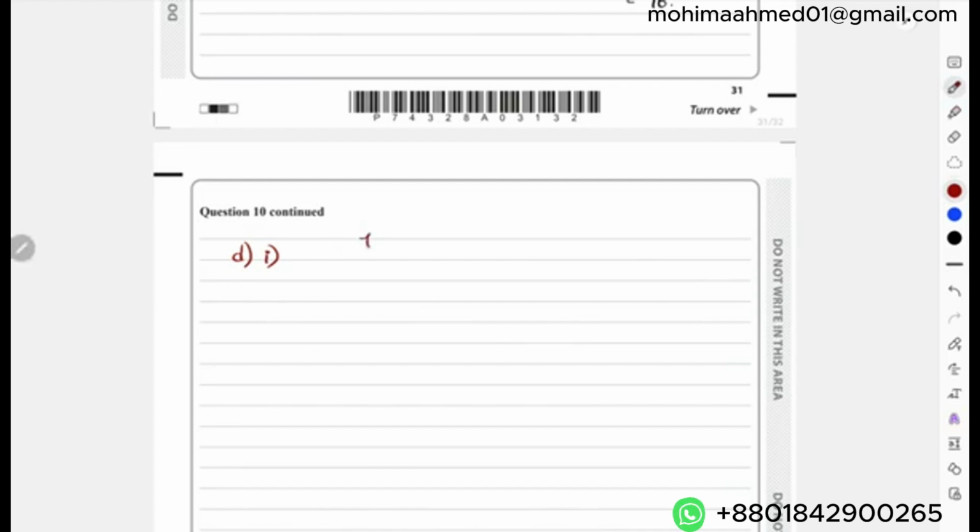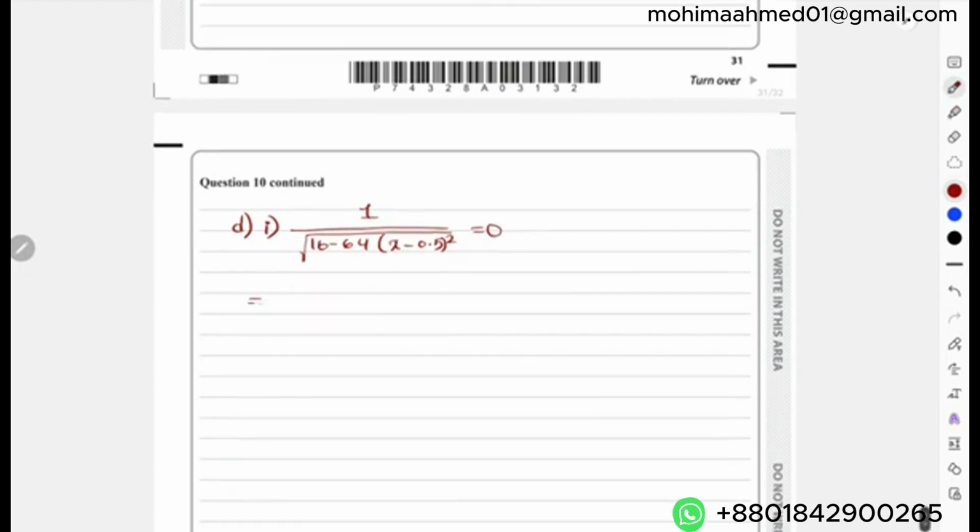Like the equation was 1 over 16 minus 64, x minus half whole square under a root, right? So for the x coordinate, we're only interested with x minus half equals to 0, where x is equals to half.